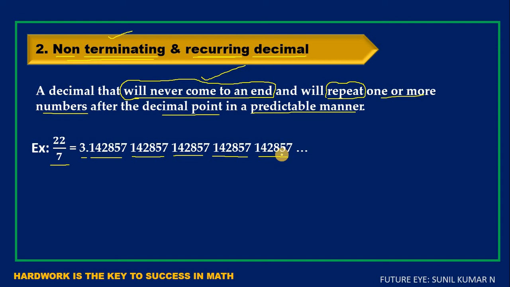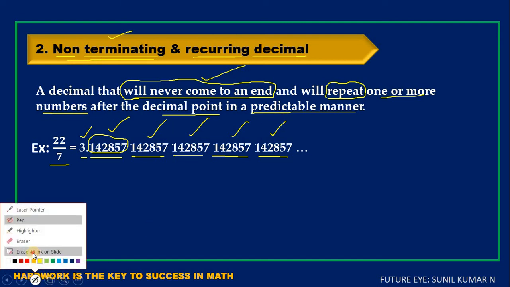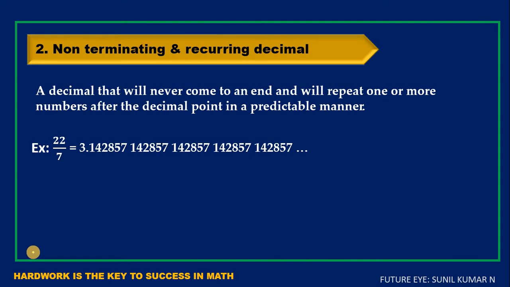Now observe very properly, children. After 3 here, 142857 repeated. Look here, 5 times I have written it, and it continues for an infinite number of times. So this kind of decimals we call non-terminating and recurring decimals, and this we can represent in another way that we see now.